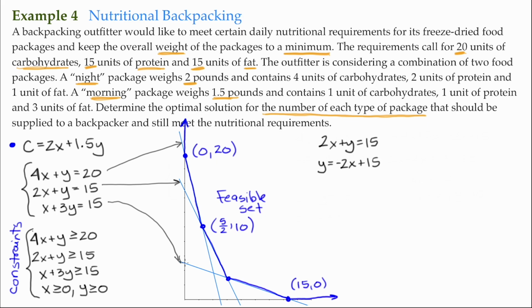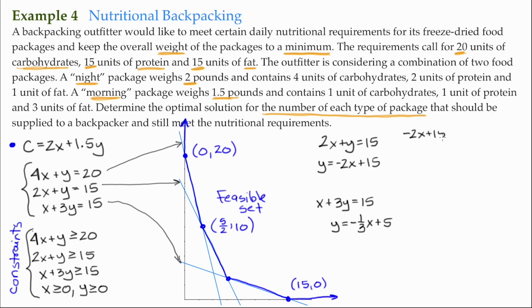And that intersects with this line down here. x plus 3y, that's equal to 15. y is equal to negative 1/3 x plus 5. Make these two equations equal to each other. Solve for x. Use that x to determine y.